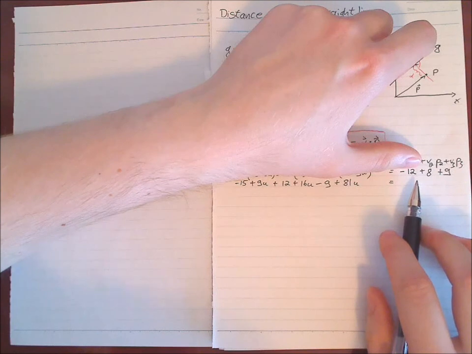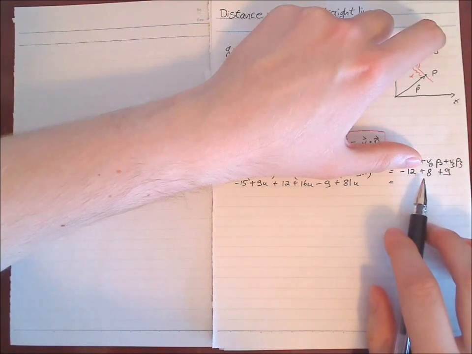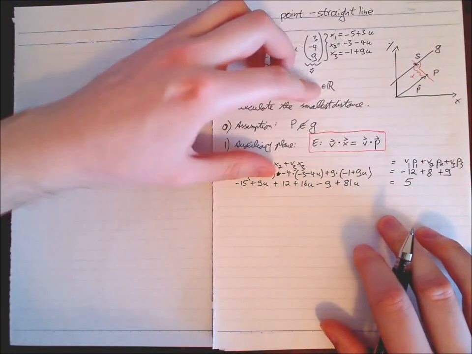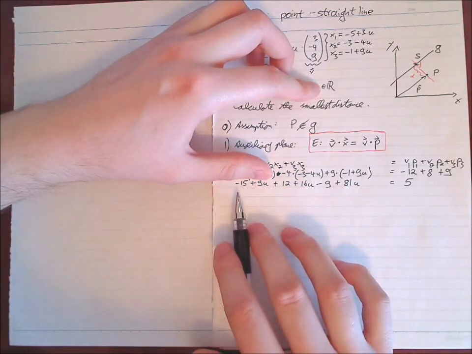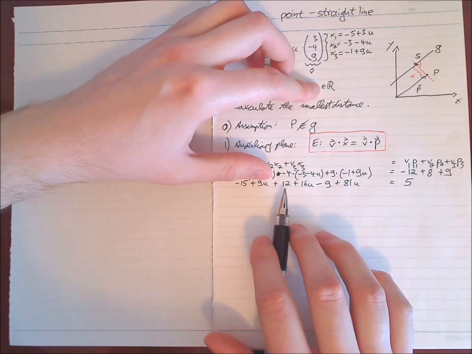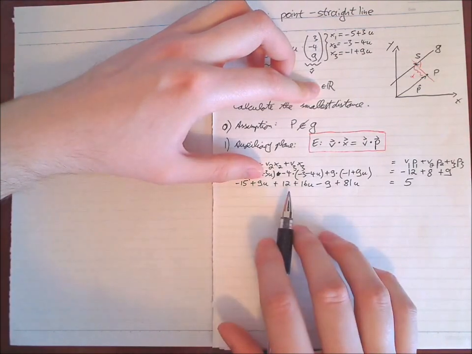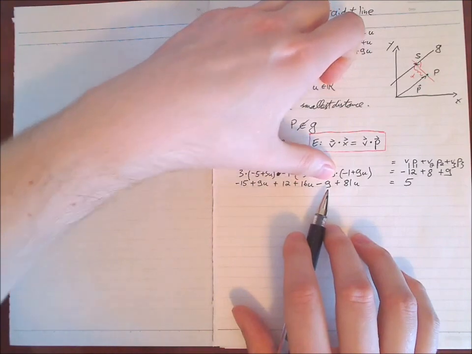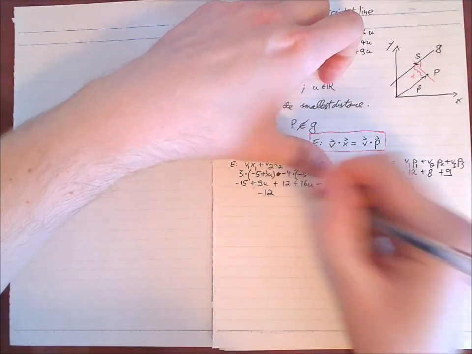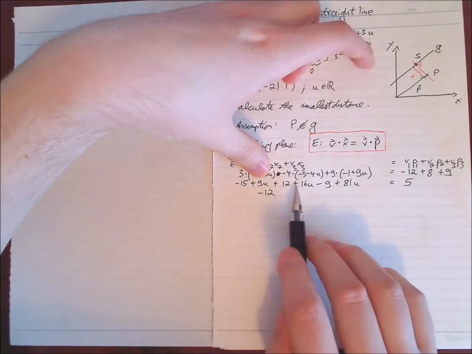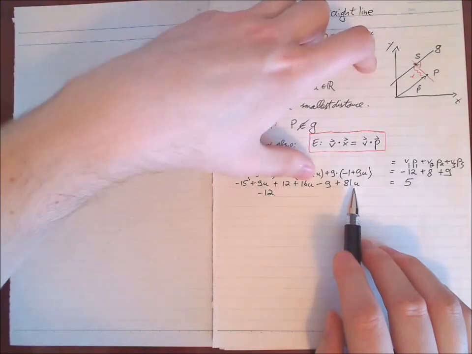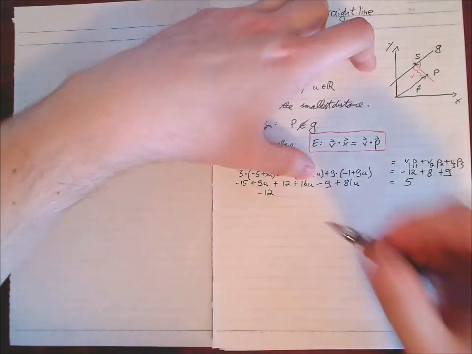On the right side, minus 12 plus 8 is minus 4, plus 9 is 5. On the left side, minus 15 plus 12 is minus 3, minus 3 minus 9 is minus 12. 9u plus 81u, we end up with 90u. 90u plus 16u are 106u.